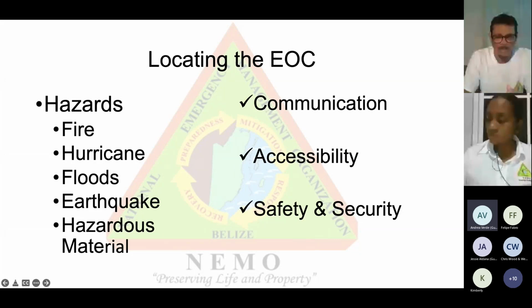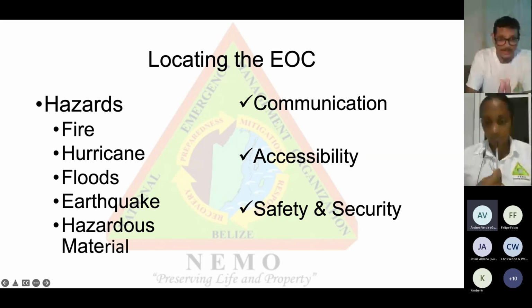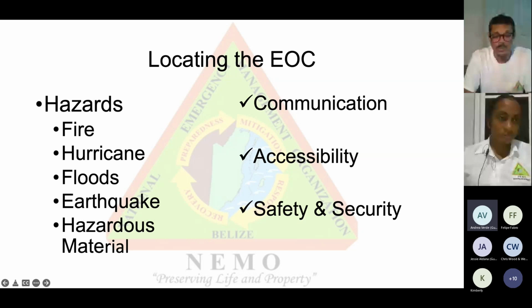One of the main ones for us is hurricanes and floods. And so the EOC that you're using for a hurricane has to be able to withstand a certain category of winds, right? And that is one of the reasons why we have an alternate. Because if for some reason your EOC becomes compromised, then you need to be able to move somewhere else and function as well, because you still have to manage a crisis.